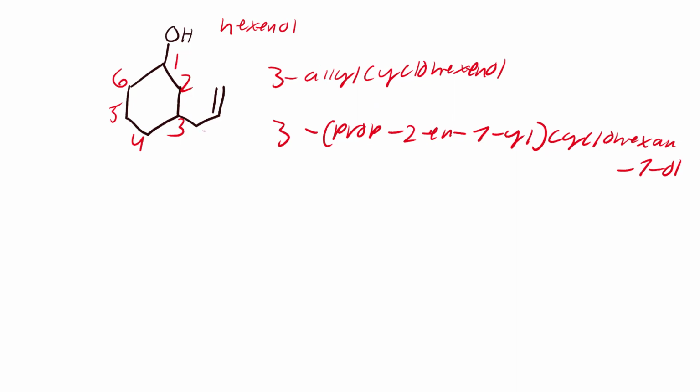So the prop is going to be 3, it's an en for the double bond, and the YL can come from the allyl. So I guess that's one way you could remember it. You can memorize it: prop-2-en-1-yl for an allyl, and cyclohexan-1-ol if you really want to get super specific. I don't recommend it. I actually like doing the first one better, but that's just me.